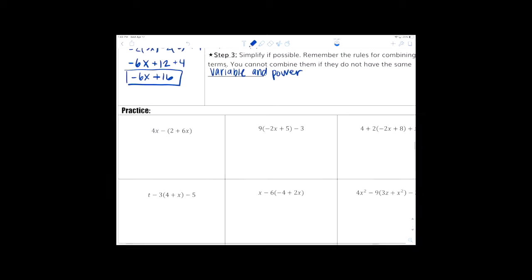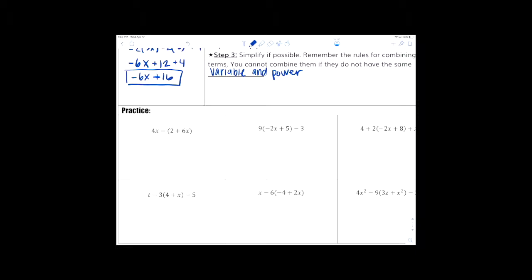So let's do this first one here in this practice section. Remember, if I have a negative sign in front of my parentheses, what am I multiplying? What am I distributing in? 4.